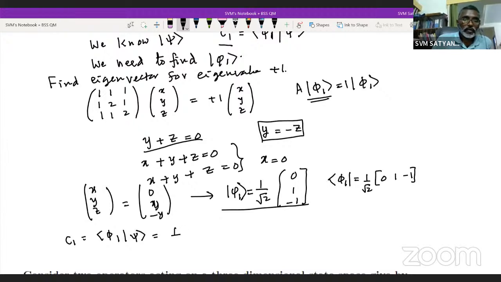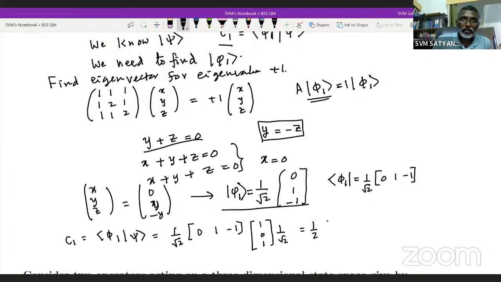So that is equal to 1 by root 2, 0, 1, minus 1. And ket psi is 1, 0, 1 into 1 by root 2. So this is equal to 1 by 2, 1 by root 2, 1 by root 2. And 0, 1, 1, 0 into 1 is 1 into 0.